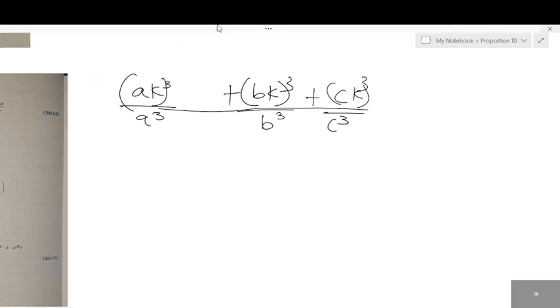Now can you tell me what is common in the numerator, students? What is common in the numerator? No, again wrong. Very good. How many times do I have to tell you all?